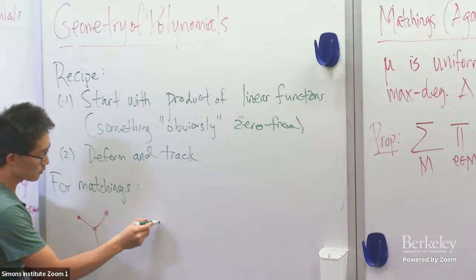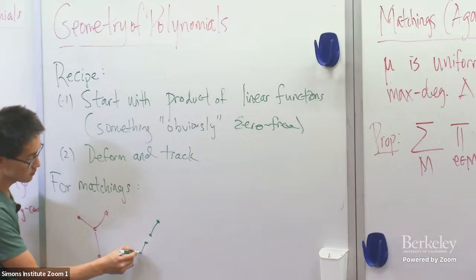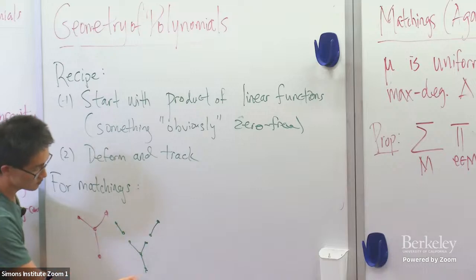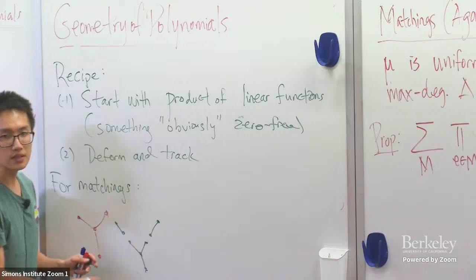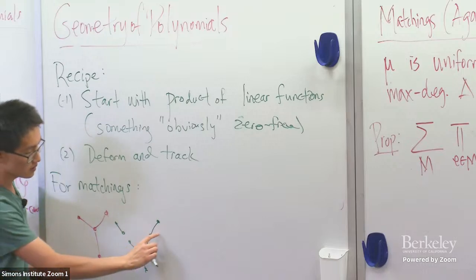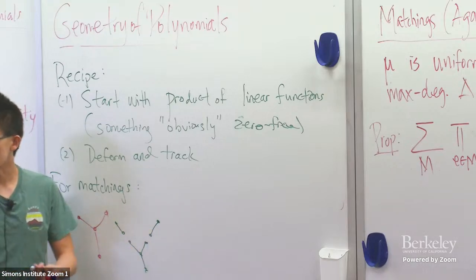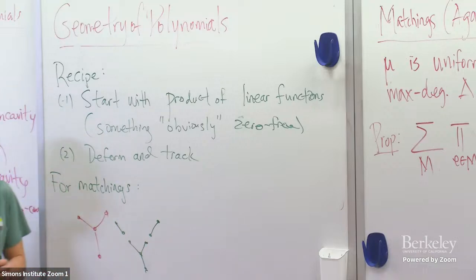So I can think of it as follows. I'm going to build matchings. I'm going to split each edge. So I divided each edge into half edges. And I'm just looking at matchings on this new graph, satisfying the additional constraint that two edges that came from the same edge have the same status.